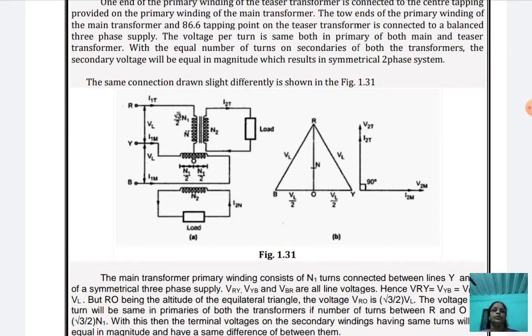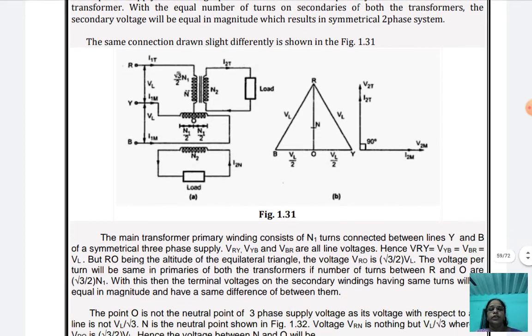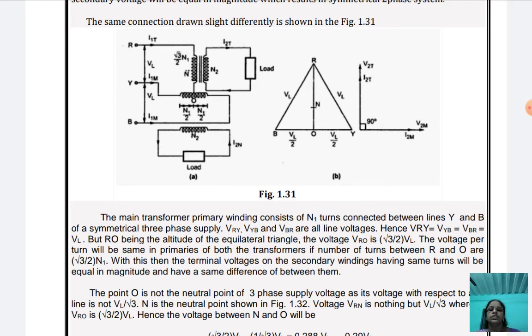You see V2T and V2M with a 90 degree phase shift. Both currents I2T and I2M are in phase with the respective voltages only. The main transformer primary winding consists of N1 turns but is connected between lines Y and B of the symmetrical three-phase supply only.